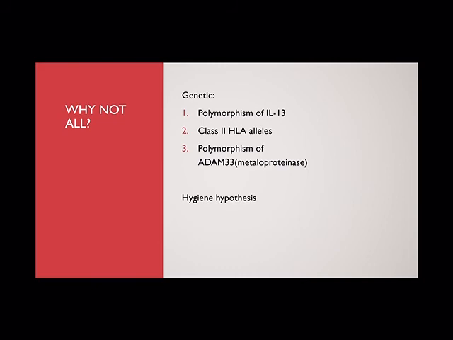The reason behind this is that at birth, you have more Th2 helper cells. On exposure to these antigens, the Th2 cells get converted into Th1 cells, which leads to reduced incidence of asthma.